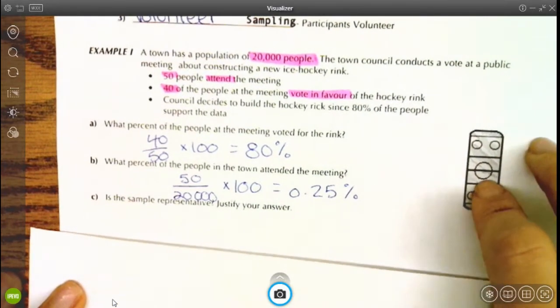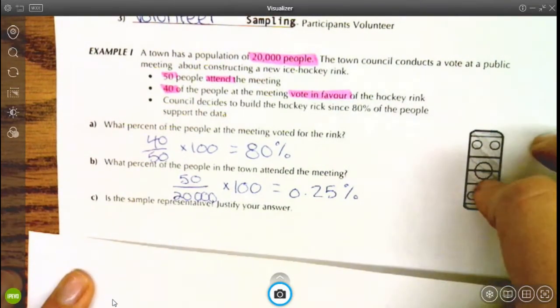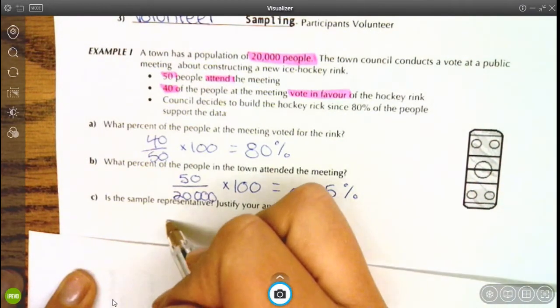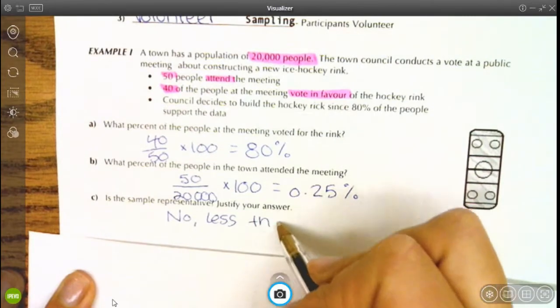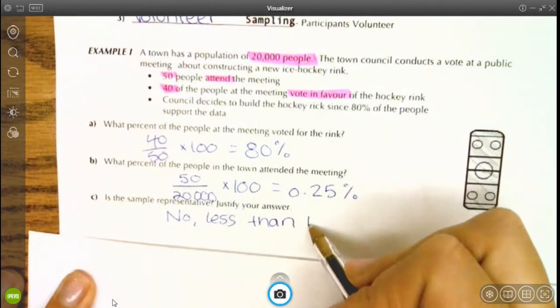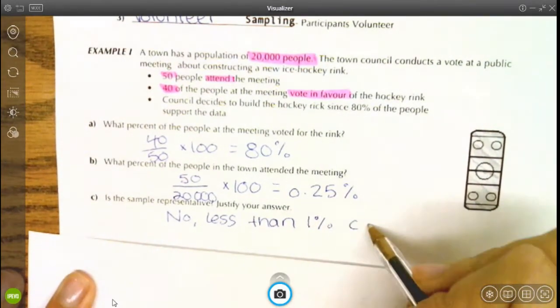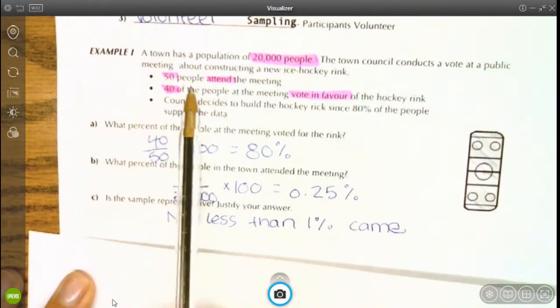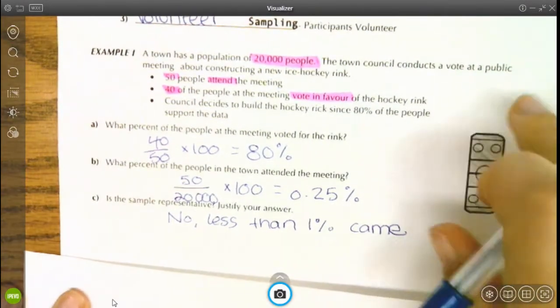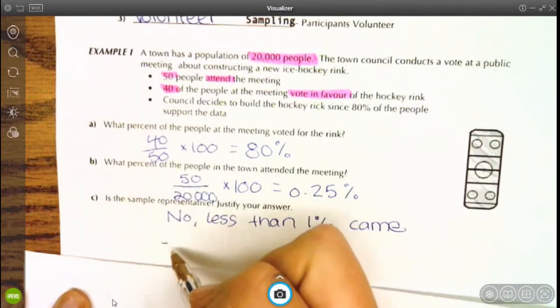So it's asking, is the sample representative? Justify your answer. As we said before, no, because less than 1% of the population actually came. But also, the people who decided to be there, they chose to be there. So volunteer only.